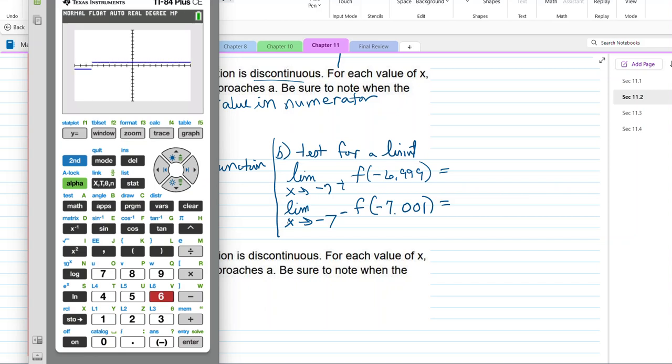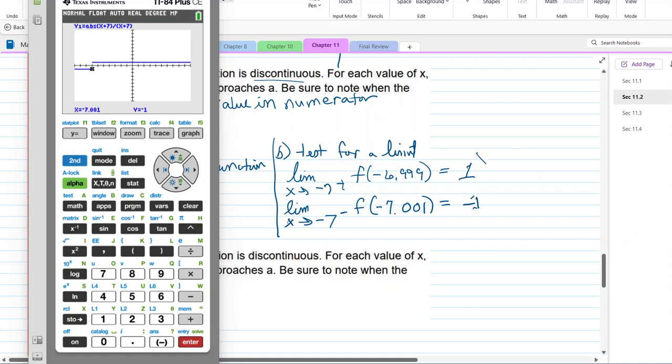And one of them is on the negative side, and one of them is on the positive side, but they're both reaching 1. But because they're coming from both ends, I'm going to do a second calc value, and I'm going to enter -6.999, and I'm going to get a 1. So close it is. Then I'm going to enter the -7.001, and I get a -1.